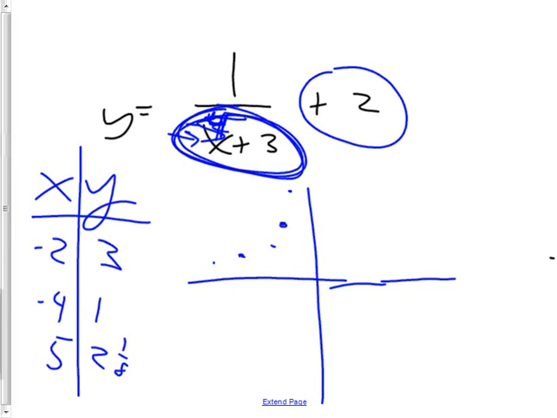So over 5, up 2 and 1/8. So I kind of assumed where that was going to go, and I assumed it badly. Oh, okay. I just don't have enough points to be able to see where my final answer goes.